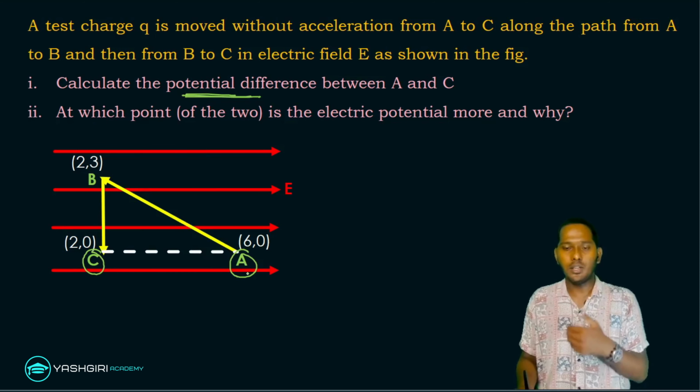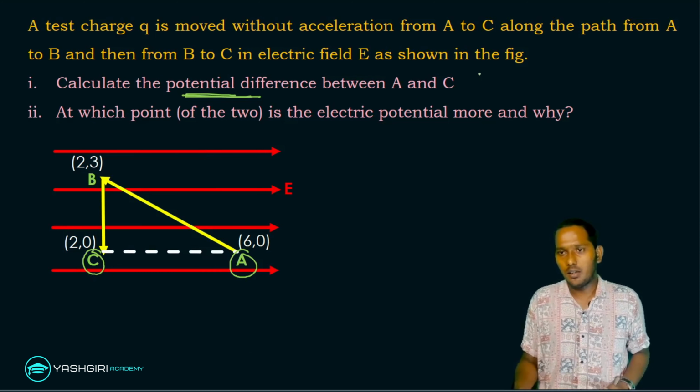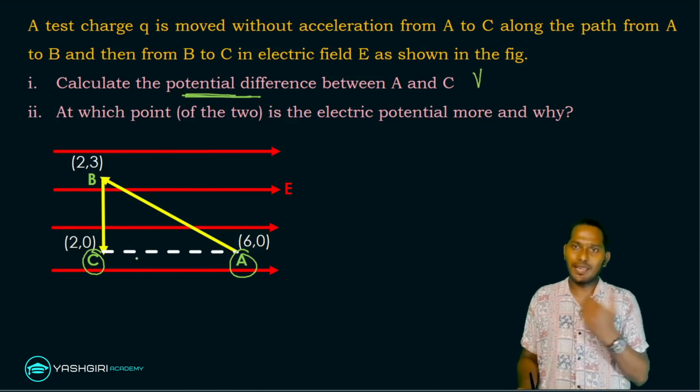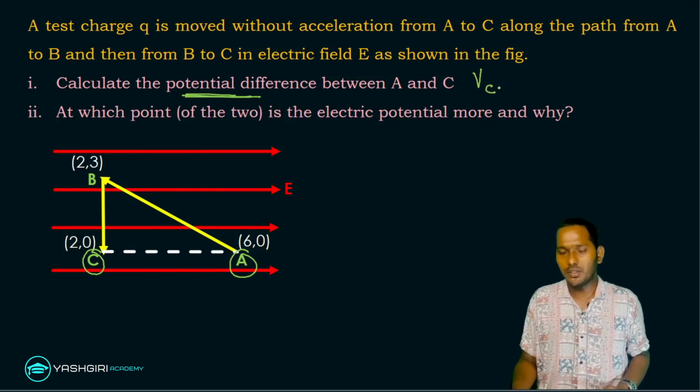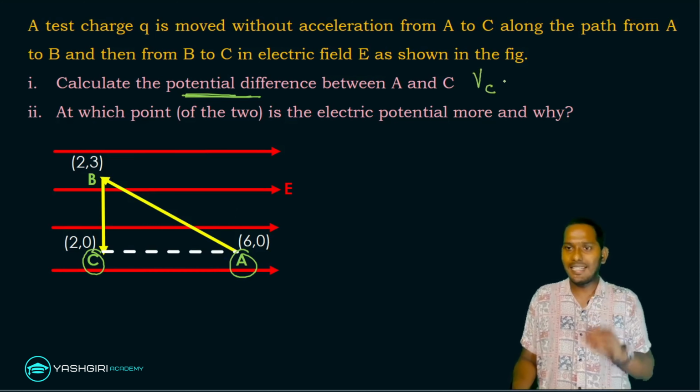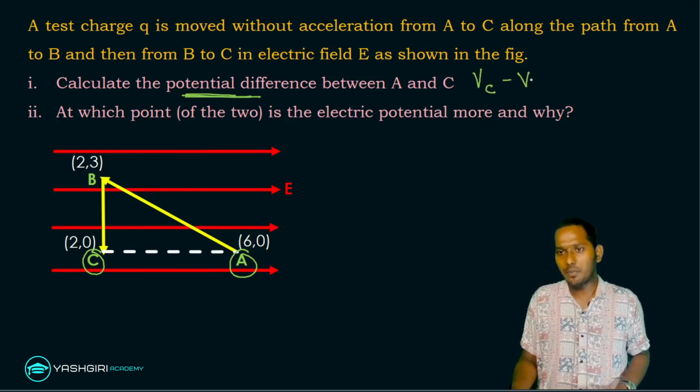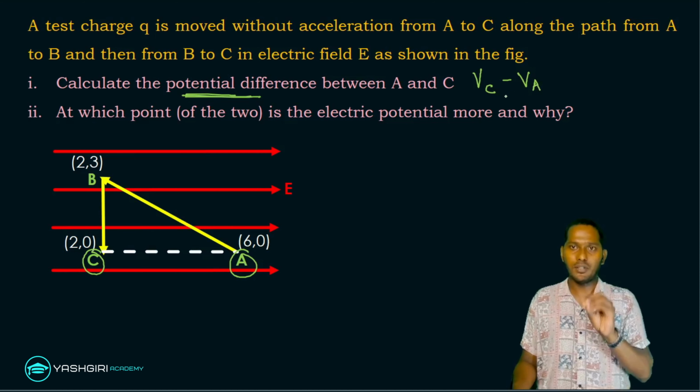So students, we are interested only in the initial and the final position. Here we are moving the test charge from A to C, so we are interested in the potential difference between C and A, right? The potential at C minus potential at A. This is what we are interested in.